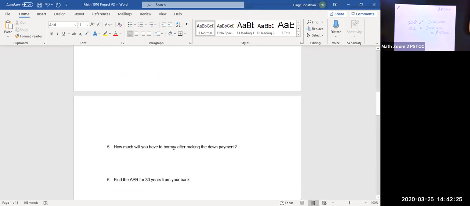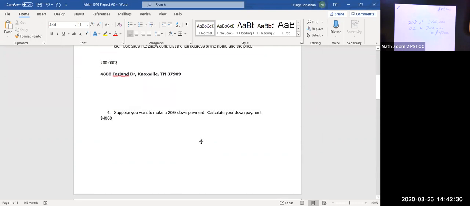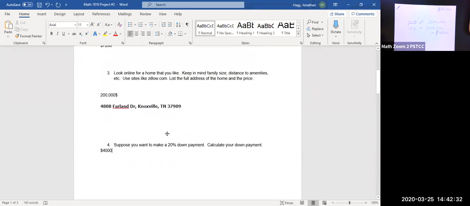Okay, what's next? How much will you have to borrow after making the down payment? Well, we take this. Something doesn't seem right.